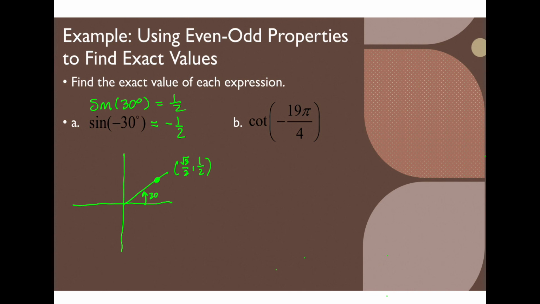If we go the same amount but in the opposite direction, negative 30 degrees, you'll notice that the x value is still the same. The x value of this is still root 3 over 2. But the y value is the opposite of what it was before. Here it was 1/2. Here it's going to be the opposite of that, negative 1/2.